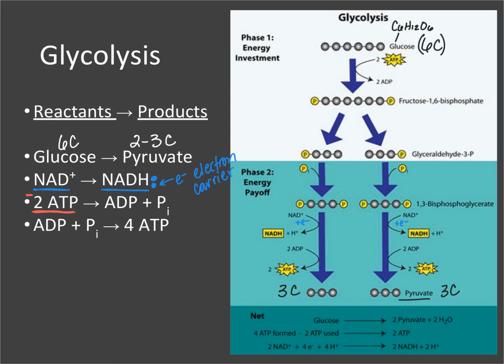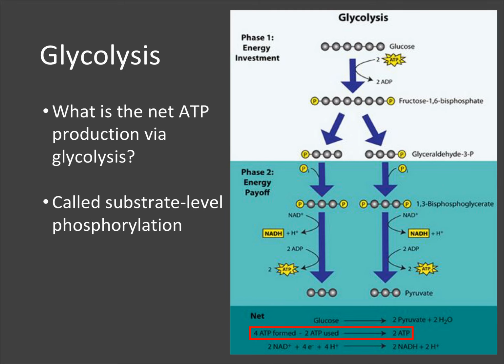But in the end, we end up making 4 ATP, so we can think of this as a +4. Even though we have to invest 2 ATP, we ultimately get 4 ATP out. As we mentioned on the previous slide, we have to put 2 ATP into the process to get glycolysis started, but we ultimately get 4 ATP out.